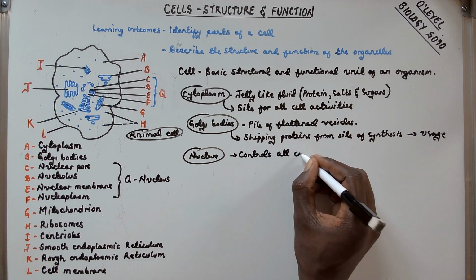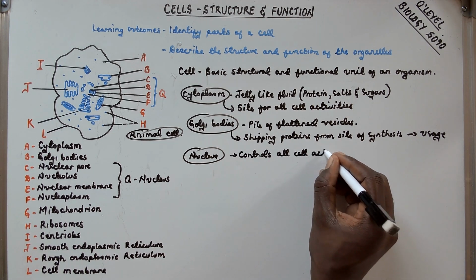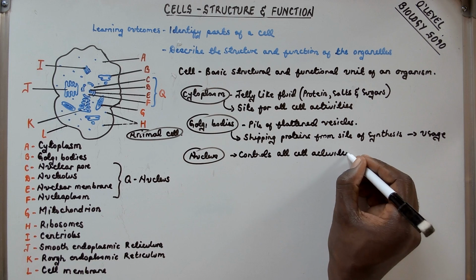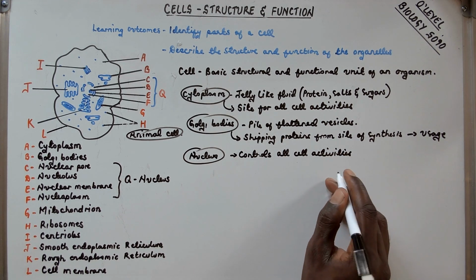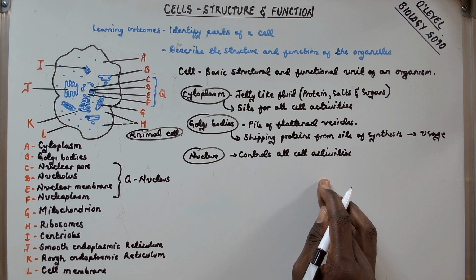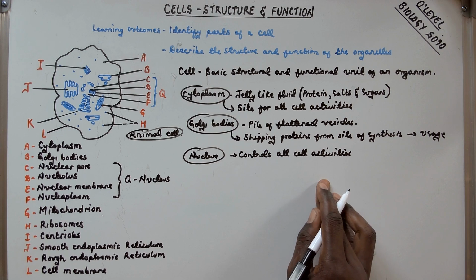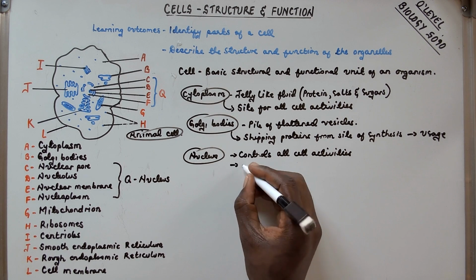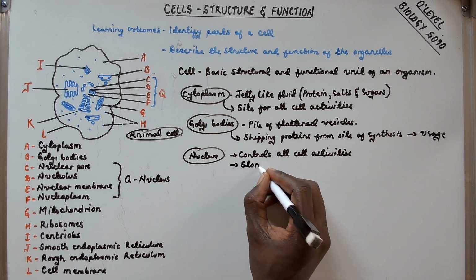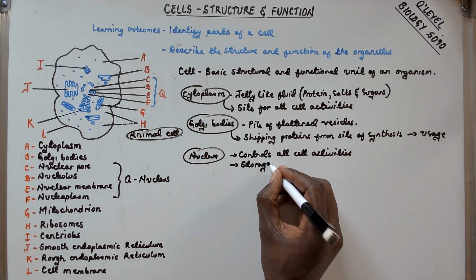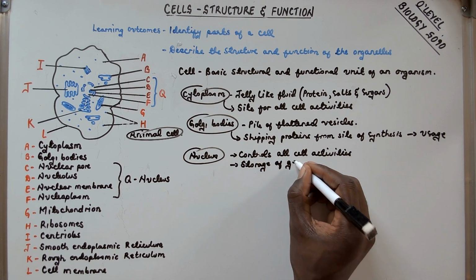Looking at the structure of a nucleus, it comprises nuclear poles, which are the openings of the nucleus. It has the nucleolus, a dense mass, and its other functions also include storage of genetic material.